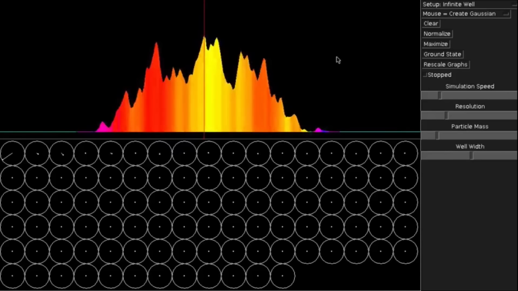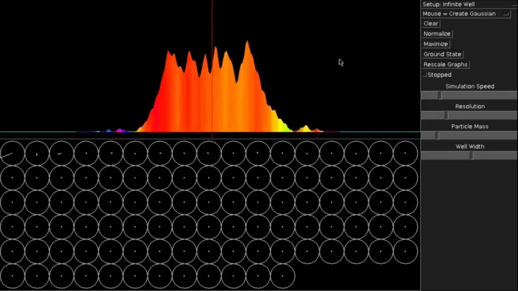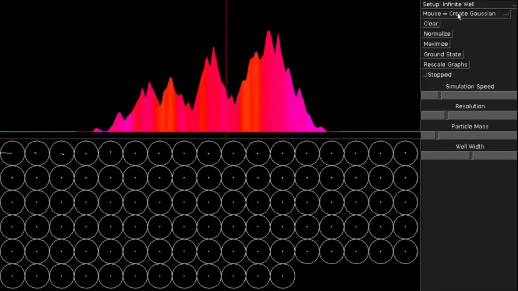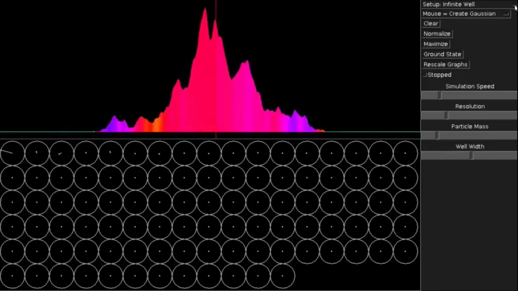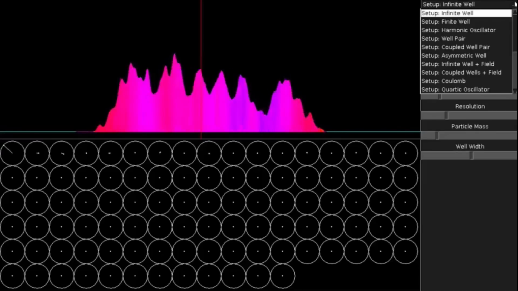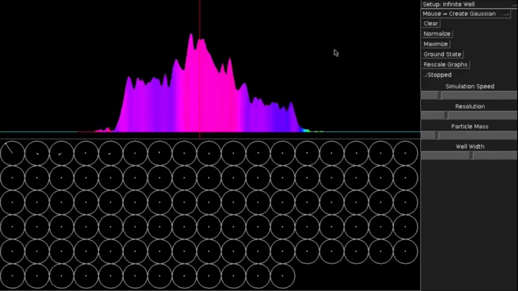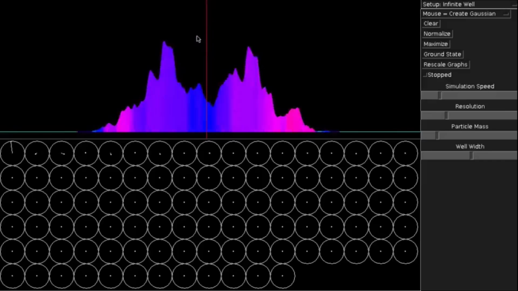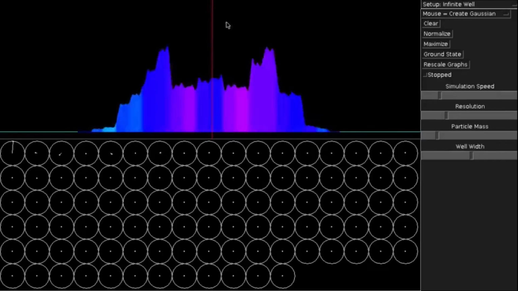I highly encourage you to play with these simulations just to get a feel for how time evolution in the Schrodinger equation works. There are a lot more than just the square well here. There's a finite well, harmonic oscillator, a pair of wells. There are lots of things to play with, so you can get a reasonably good feel for how the Schrodinger equation behaves in a variety of physical circumstances.